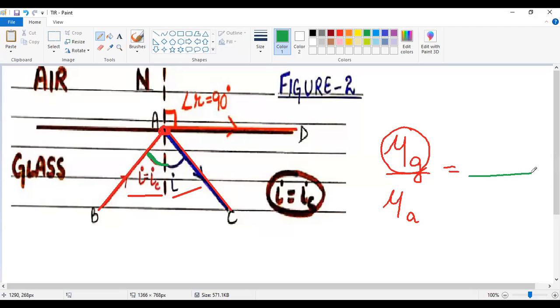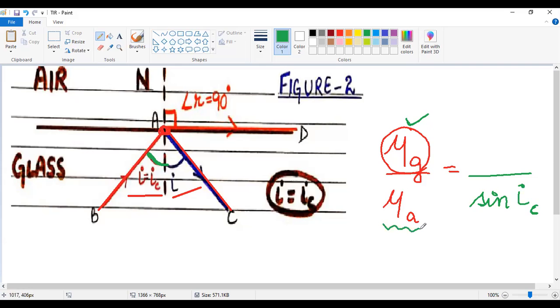So, according to Snell's law, if glass is written in the numerator, then its angle in the medium is written in denominator.